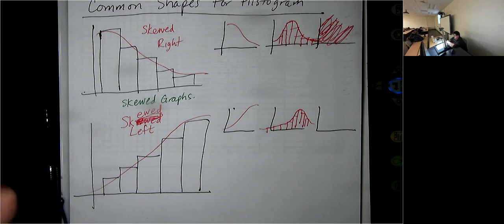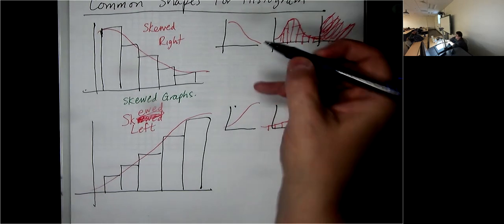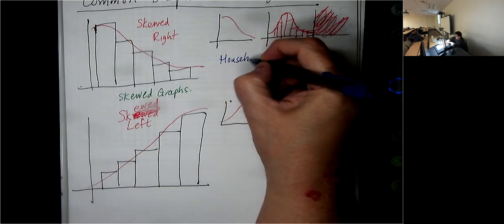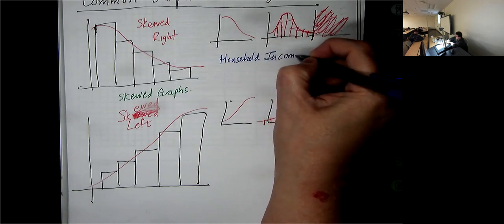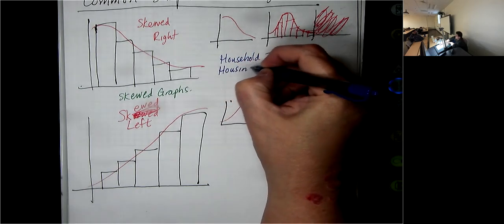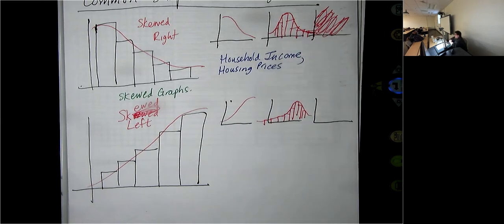So things that are skewed right. Household income. Most families are in the poor or middle range with very, very few wealthy people. The 1%ers. Housing prices, for pretty much the same reason. You've got a lot of middle class homes, there's some shanties, and then you've got a few of those.